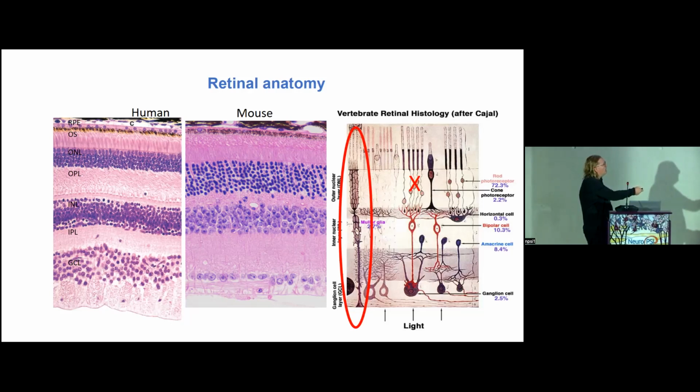Now, most forms of inherited blindness result from the degeneration of specific cell types within the retina. So, for instance, loss of the rods, which sense dim light, or the cones, which sense bright light, is what causes blindness in diseases such as retinitis pigmentosa or macular degeneration. Likewise, loss of the retinal ganglion cells, which send information out through the optic nerve to the brain proper, leads to glaucoma.